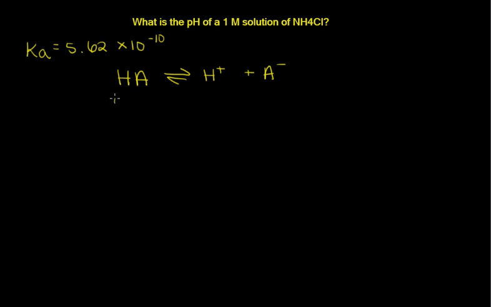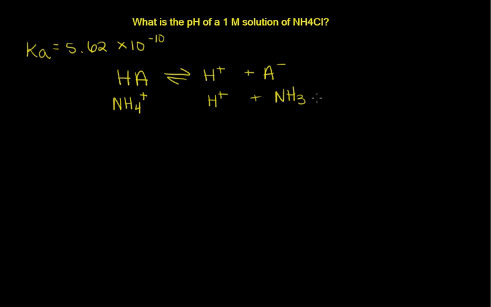So we have NH4 plus, because we can ignore the chloride, is going to lose one of these protons, it's acidic, and we're going to be left with NH3. So this doesn't really look like a conjugate base, but it is. This is just a simplified way of writing it.